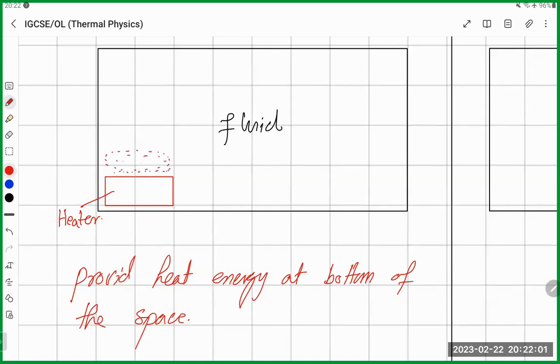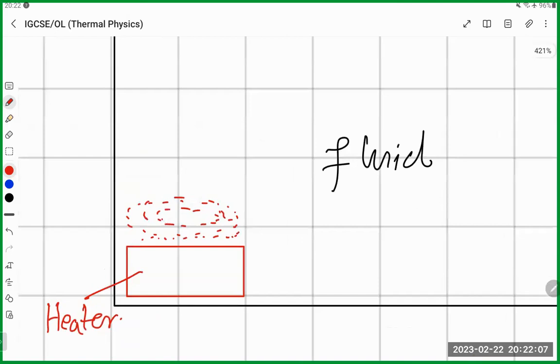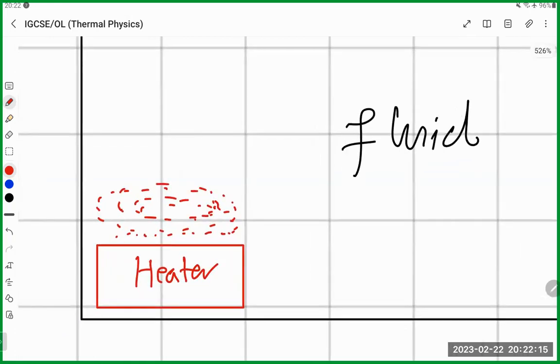So what will happen to the air in the surrounding? This air will take heat energy. This is the heater. The part of the fluid which is very close to the heater will gain heat energy from the heater, expand, become less dense, and rise up.